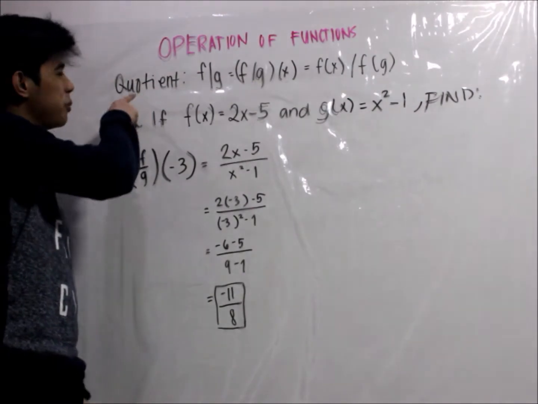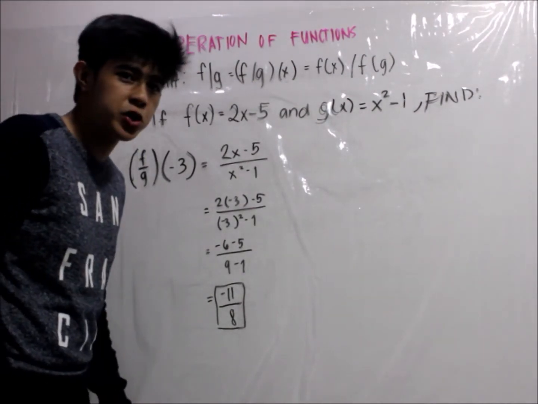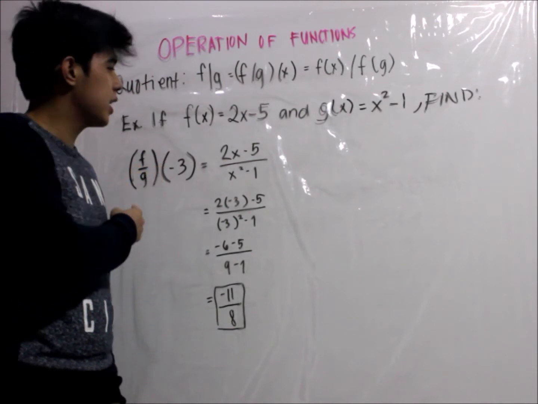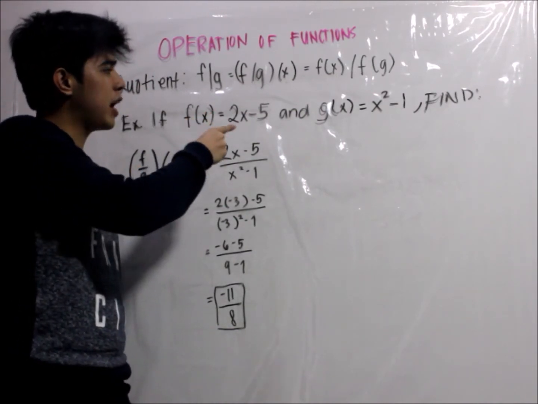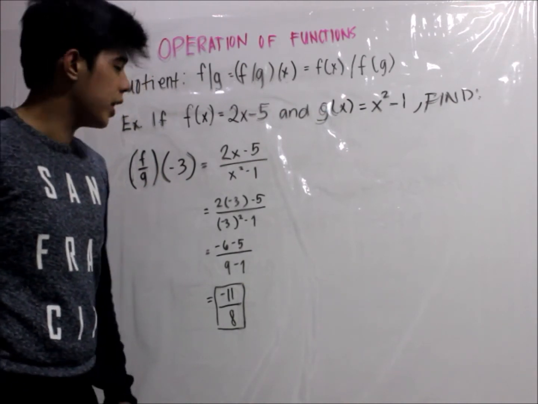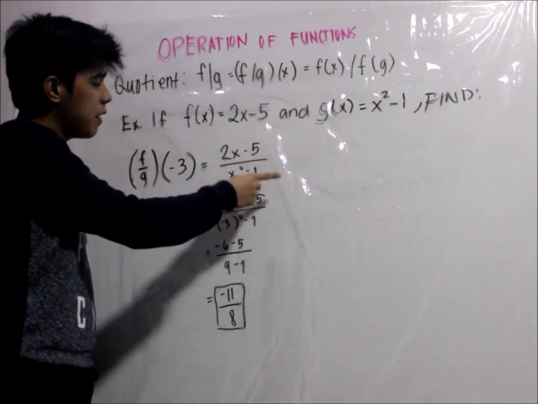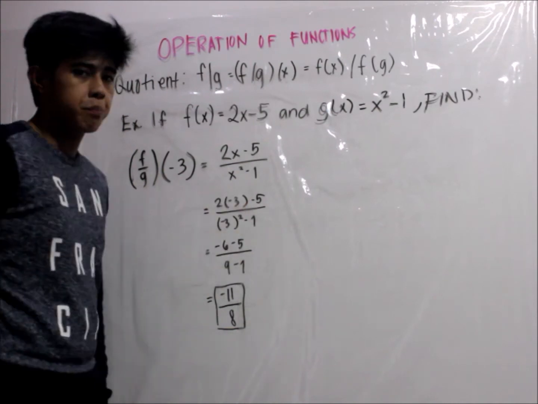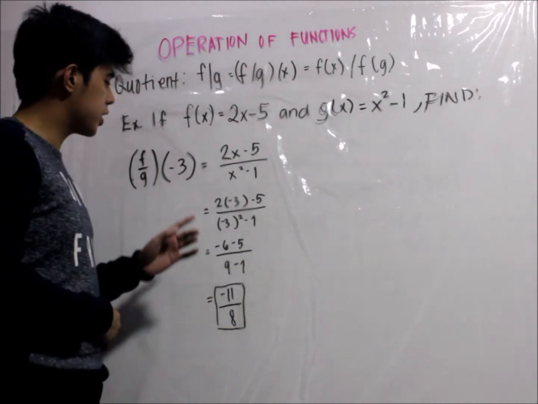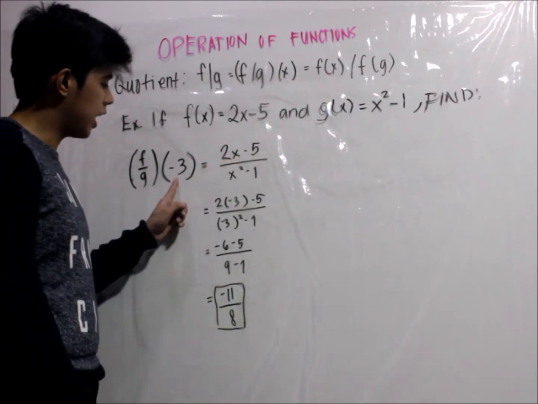The next part will be the quotient, which is f over g. With the same values as before, f(x) equals 2x minus 5, and g(x) equals x squared minus 1, we will have 2x minus 5 over x squared minus 1. And this is just a simpler version, because we will just substitute x with negative 3.